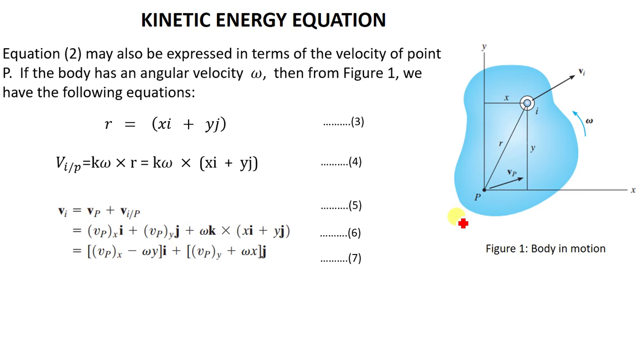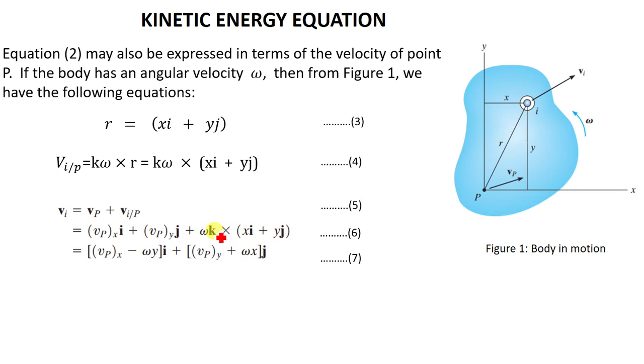So from there, you express vp in terms of its components, which is vp in the x-axis and vp in the y-axis, and then this r, we add this vp now, which is here. So this vp we found to be this, so we put it that side. After adding it, we can now simplify it by putting the i's together and the j's together. We know that when you multiply k times i, you get j.